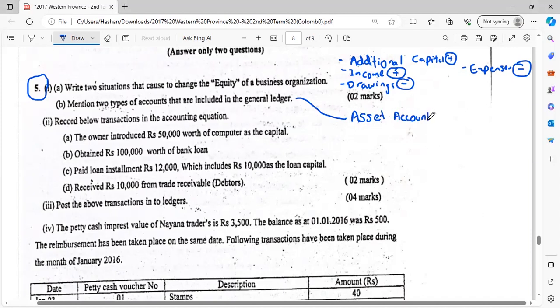Within brackets, you can write, for example, building account, then motor vehicle account. Not only that, you can write anything. Other than that, you can write liability accounts.